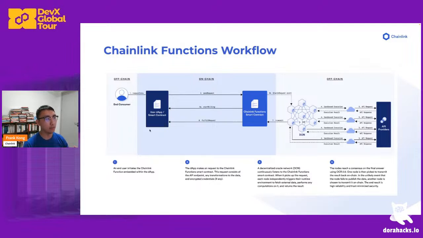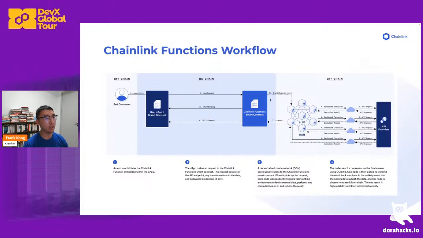The whole process is that the end user sends a request through its user smart contract. Then the Chainlink smart contract gets this request and wraps everything necessary and all the data into a transaction. This wrapped transaction will be emitted as an event.